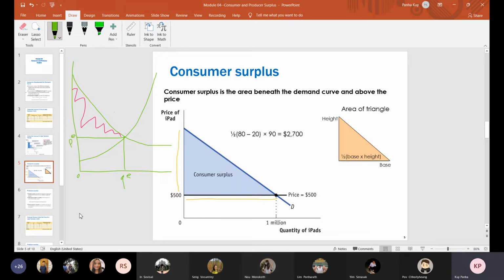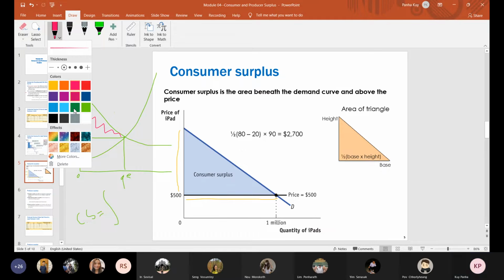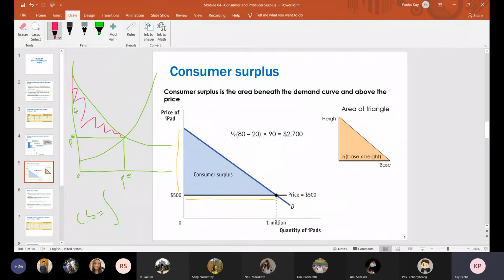And then if you would like to calculate the consumer surplus, because the integral has been used for calculating the surface of the functions, you just take all this surface first.